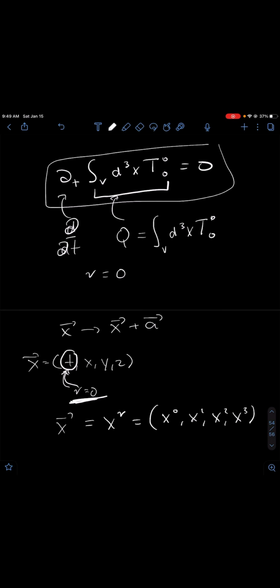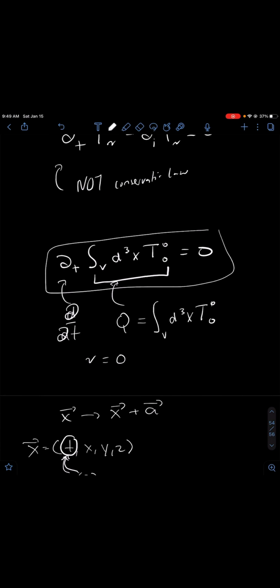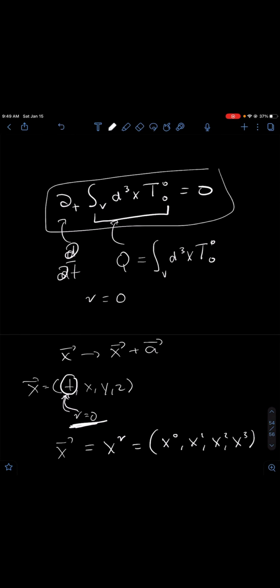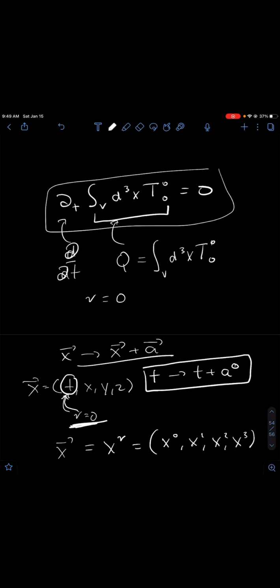So we considered transformations from x to x plus a, more specifically t to t plus a_0. By setting ν to be 0, we were considering translations in time specifically, not transformations in x, y, z, but in t.